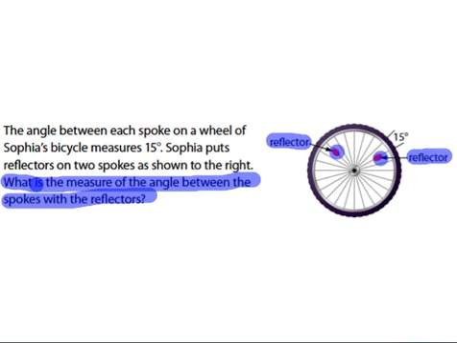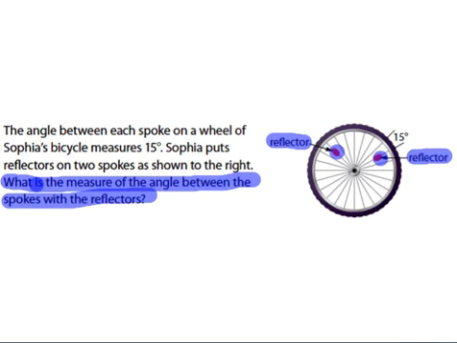All right, so let's read it again. The angle between each spoke on a wheel of Sophia's bicycle measures 15 degrees. Sophia puts reflectors on two spokes as shown to the right. What is the measure of the angle between the spokes of the reflector?